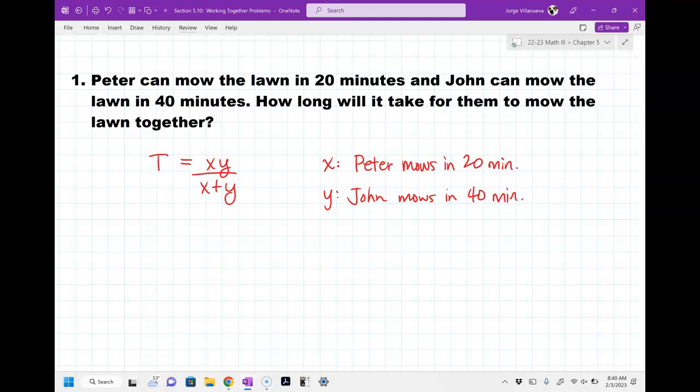Okay, so I'm trying to figure out T, so I'm going to plug that in. T is equal to 20 times 40 over 20 plus 40. So that means that T is equal to 20 times 40, that's 800, over 60.